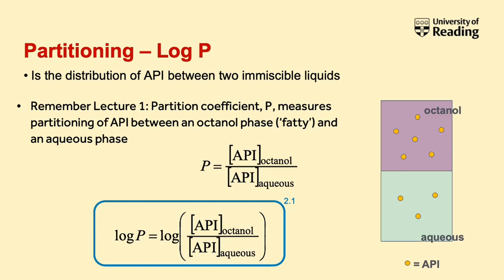So how well does our material partition between those two phases? And then we said that P, our partition coefficient, equals the concentration of the API at equilibrium in the octanol phase over the concentration of our active ingredient in the aqueous phase. And that can give you a huge range of numbers. And so it's easier for us to use log P as our term, to take the log of that term and then use that.